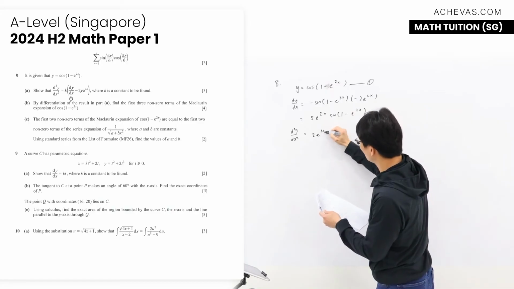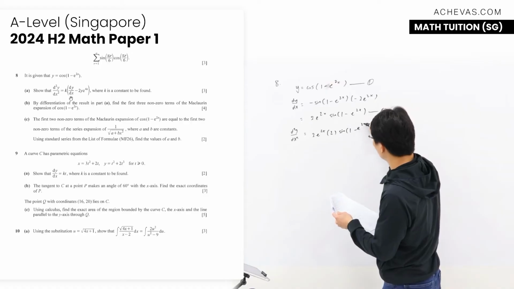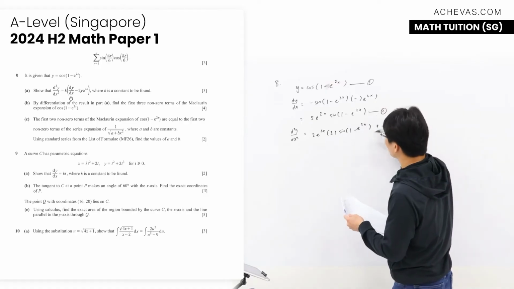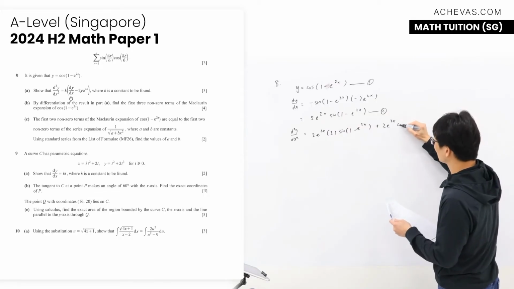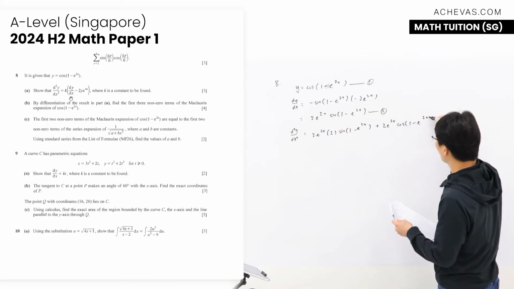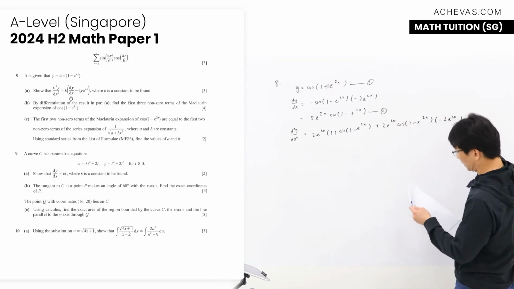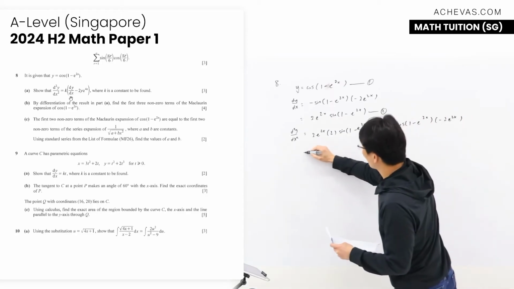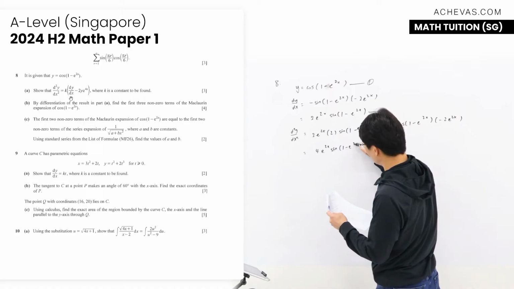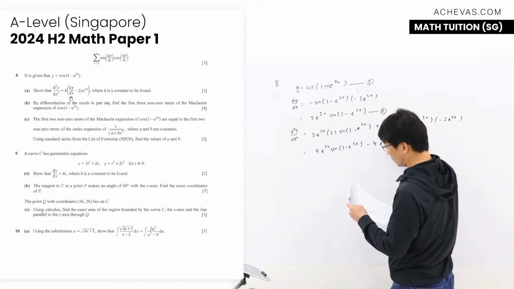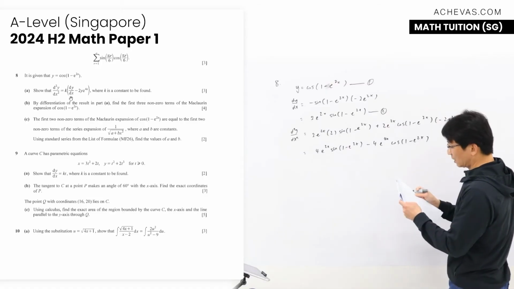I'll get 2e to the 2x times 2 sine of 1 minus e to the power 2x, plus, now I'm going to keep this and differentiate this, e to the 2x cosine of 1 minus e to the 2x, and I will get minus 2e to the 2x here. Let's simplify a bit. I will get 4e to the 2x sine of 1 minus e to the 2x minus 4e to the 4x cosine of 1 minus e to the 2x.